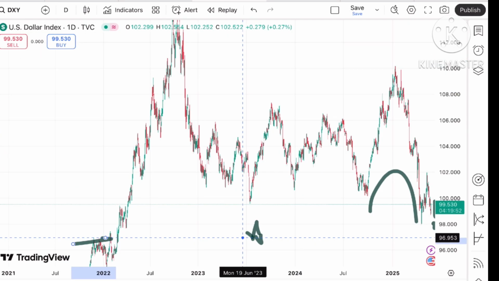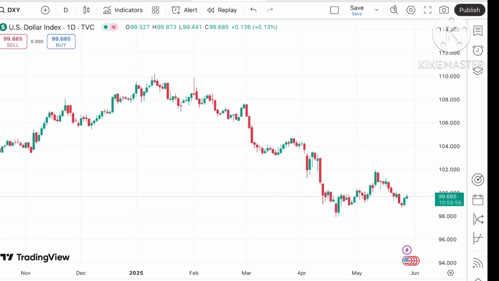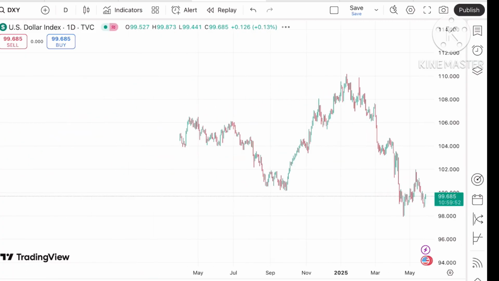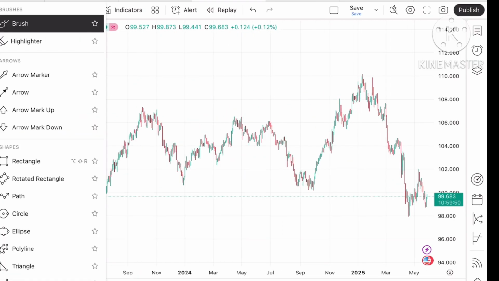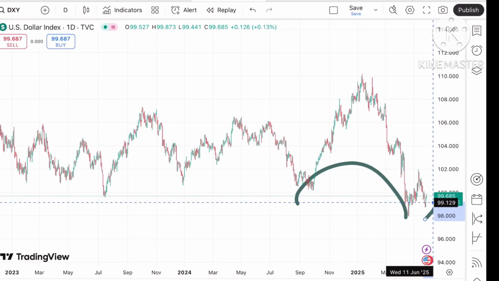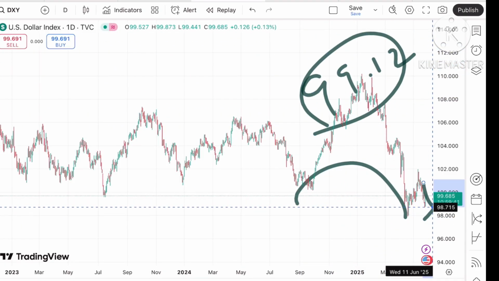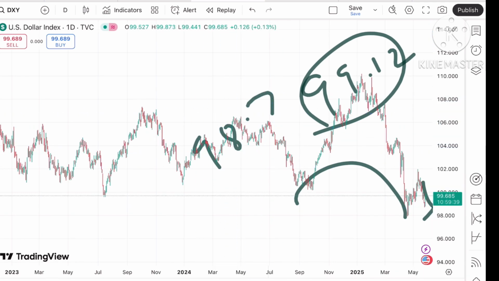Coming back to the dollar index, it is below $100 and it is creating two patterns. This is the bigger pattern. If it starts falling below this level, it can move towards $99.12, and from there a further downfall towards $98.7.